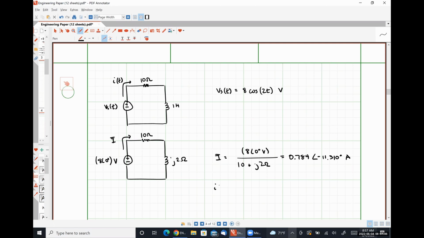And converting this phasor current into the time domain, I get 0.784 cosine 2t minus 11.310 degrees.